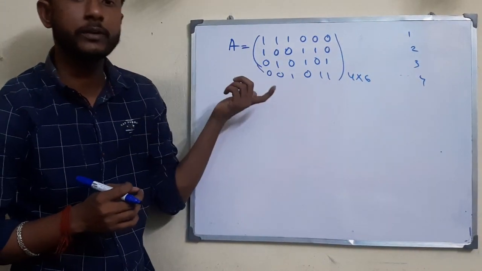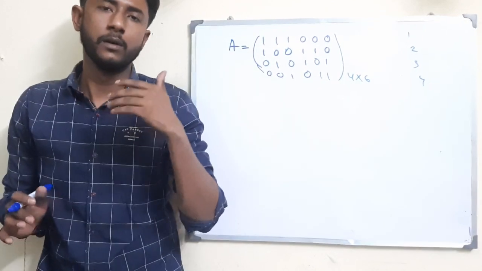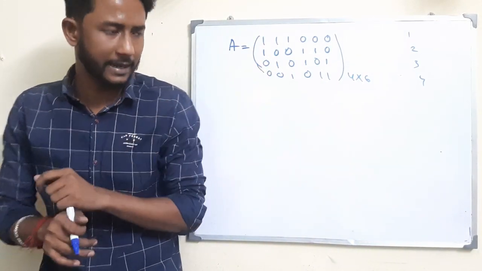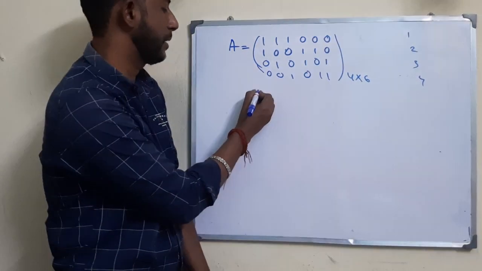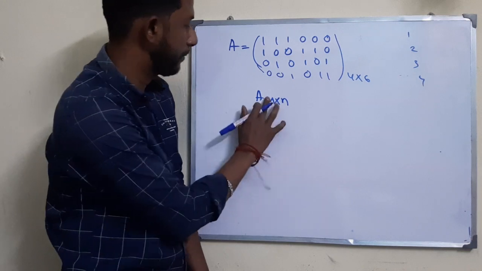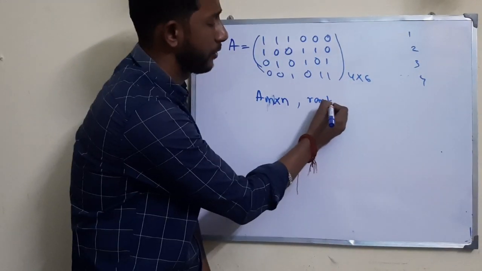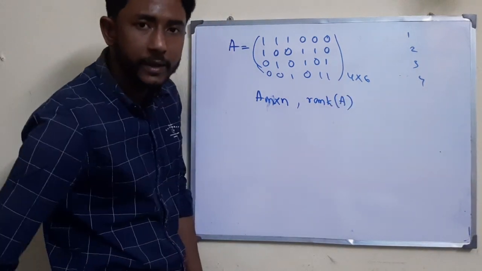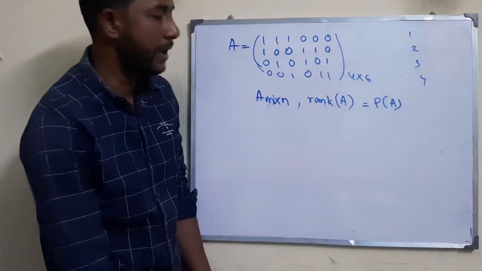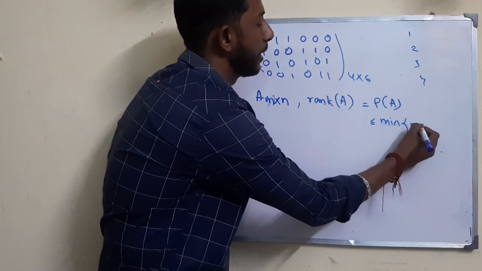Now to find out the rank of this matrix, I am going to use a very well-known fact of linear algebra. Let A be a matrix of order m cross n. Then rank of A, for the time being I am denoting this as rho of A, is always less or equals to minimum of m comma n.